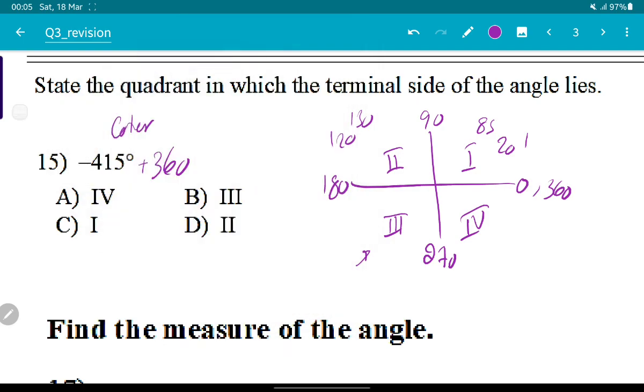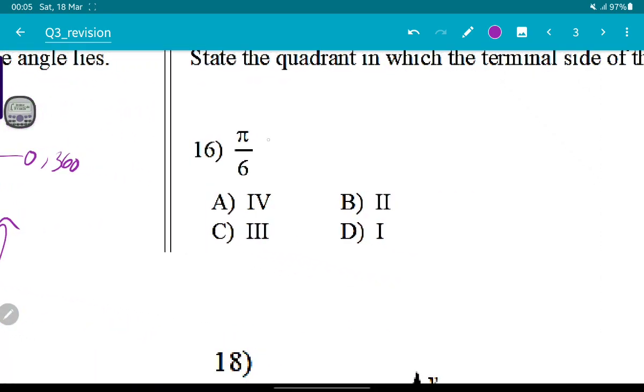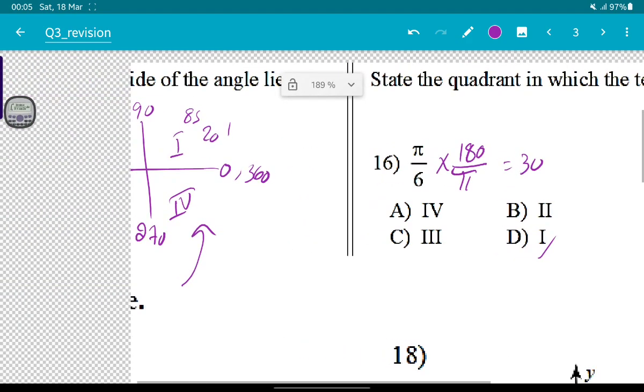This is 305, which would be in the fourth quadrant. But in this case, it's easier to convert this to degrees. This would be 30, I guess, in the first quadrant. So you have the chance to make it easier.